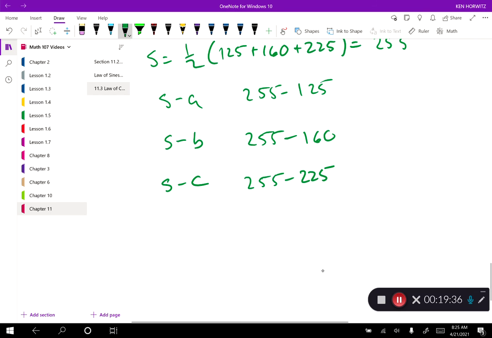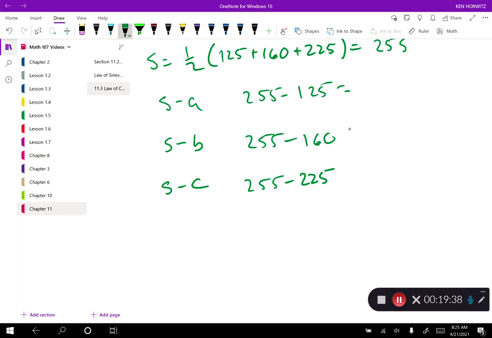So why don't you pause the video here and get what all three of those equal. All right, hopefully you paused the video and got what they equal. I got 130, 95, and 30.